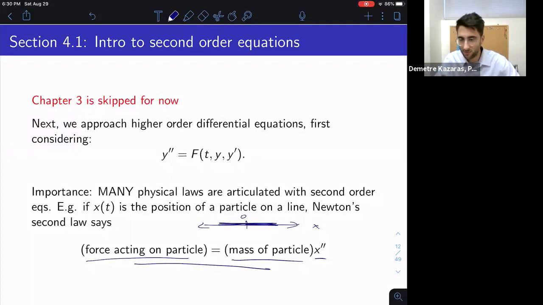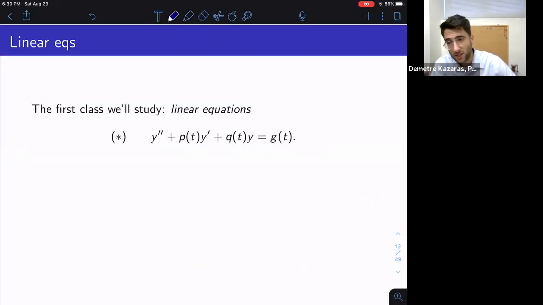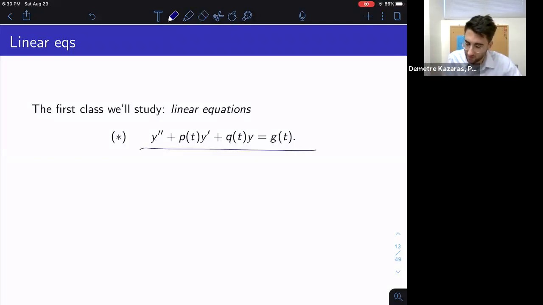And this is not just the moving of a little particle around here. It's much more fundamental than that. This is a much wider world, second order differential equations. We're going to be focusing for now on linear equations, things that take this form, where the y primes, the y, and the variable are not so jumbled up with each other.